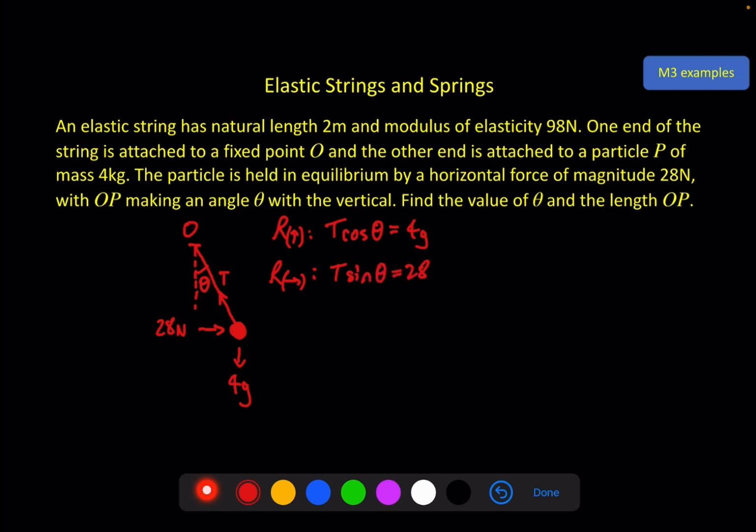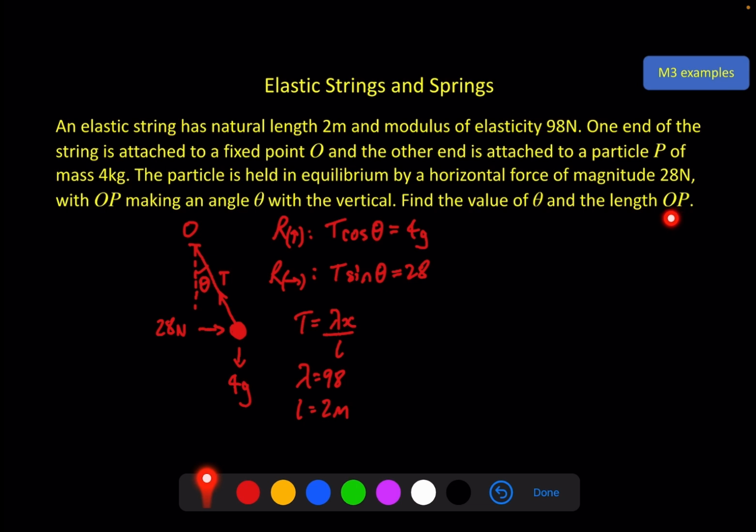We've also got Hooke's law, so T is equal to lambda x over L, where we know lambda and we know L. So lambda is 98 and L is 2 meters. This is all the information we've got and all the information we need, because we are going to try and find theta and the length.